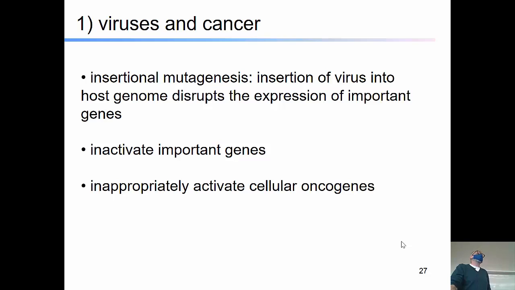And these genes that promote growth are called oncogenes. So oncogenes promote growth. So we can activate or introduce oncogenes, or we can inactivate important genes. These might be things like DNA repair genes, for example.